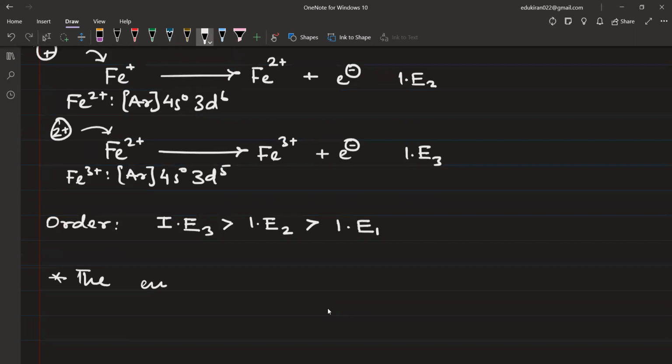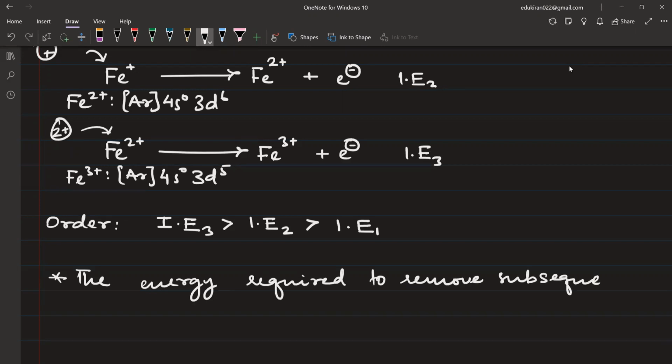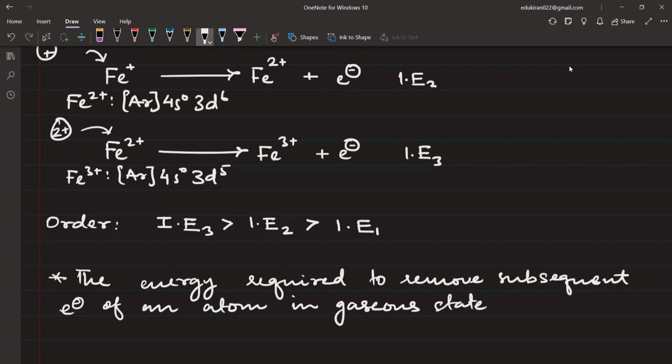The energy required to remove subsequent electron of an atom in gaseous state is called successive ionization enthalpy.